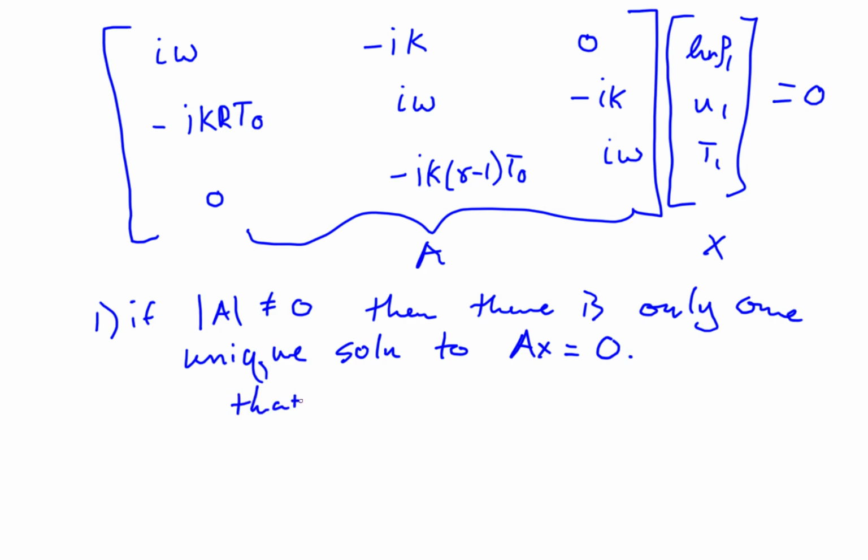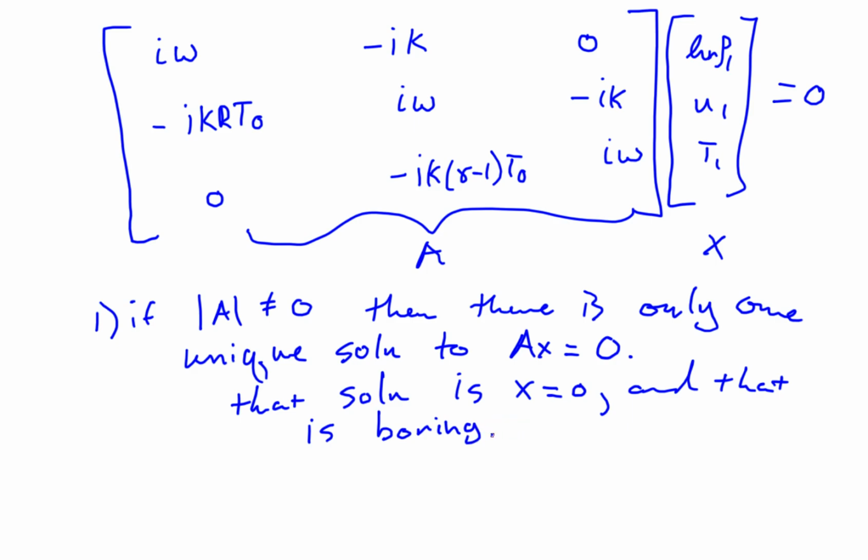That solution is the null solution, x equals 0, and that is pretty boring. The only solution that exists is a solution with no waves at all and no motion.